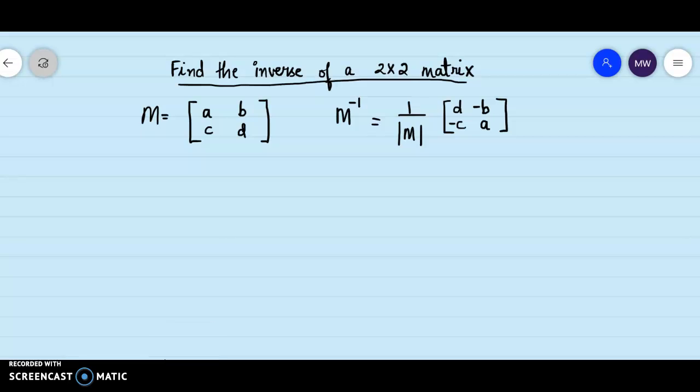So this is the formula for the inverse of a 2 by 2 matrix.